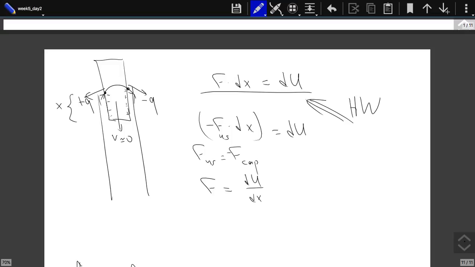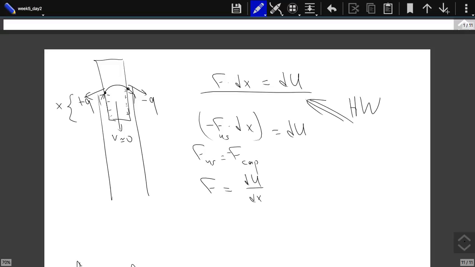Now the way to calculate it, I'm giving you the solution, is let's just assume that you insert it partially, such that only a length of x is inserted in the capacitor. And let's just assume that you insert it slightly more. You increase x by dx. There is a force that you are exerting. This is the work that you do if you change x by dx. But this should be the change in the potential energy of the system.